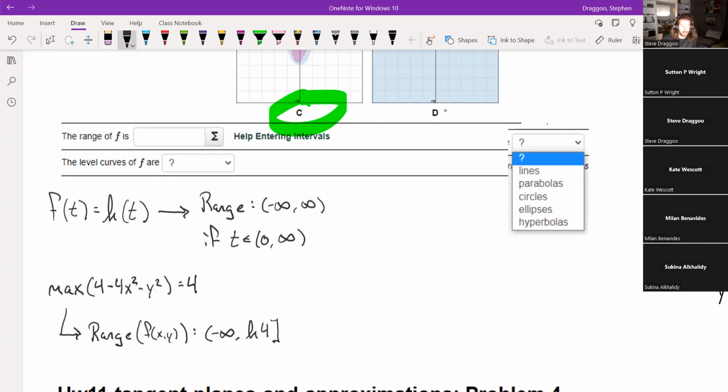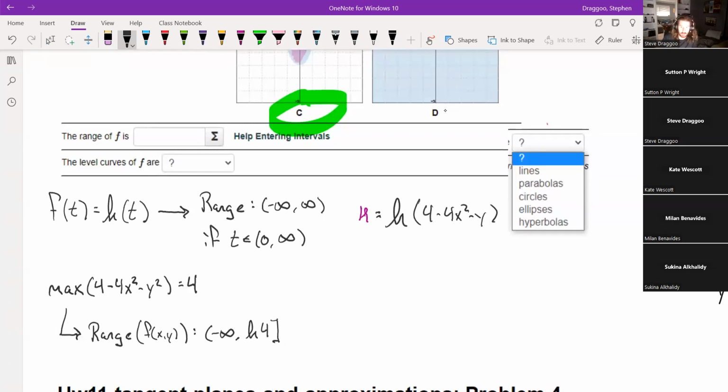So if I want to find the level curves, I just want to take this equation and set it equal to a constant number. Usually we call that thing k. So z or f is some constant number, and we just look at the resulting equation: the natural log of 4 minus 4x squared minus y squared.